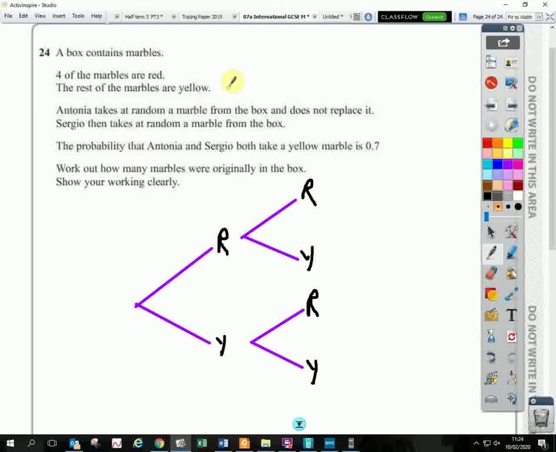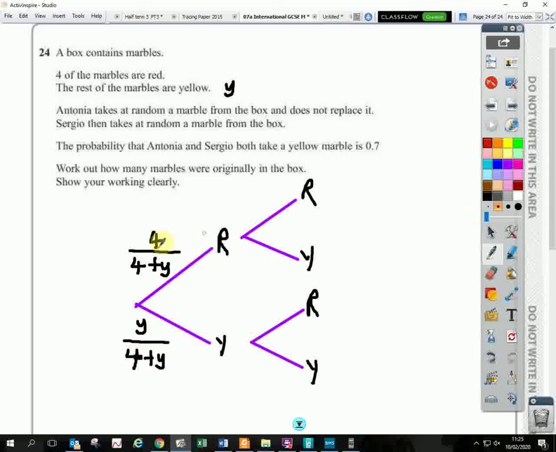So shall we call the yellow ones Y? If there are 4 red and Y yellow, then in the bag there must be a total of 4 plus Y. So the probability of red is 4 out of the total in the bag, which is 4 plus y. The probability of yellow is y, because there's y yellow ones, out of the total in the bag, which is 4 plus y.